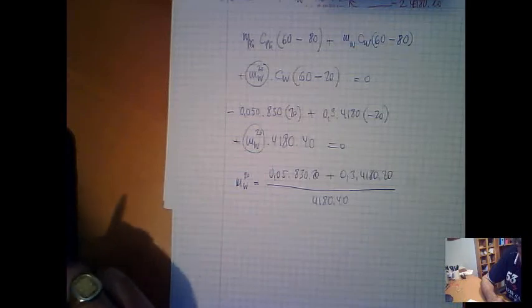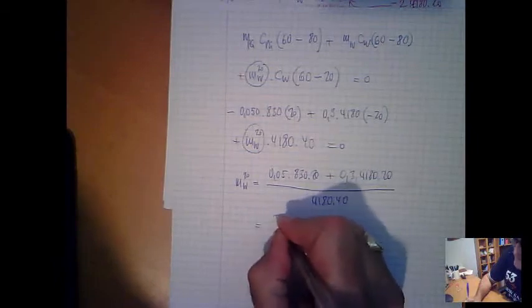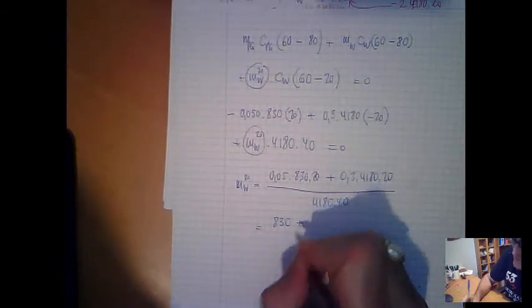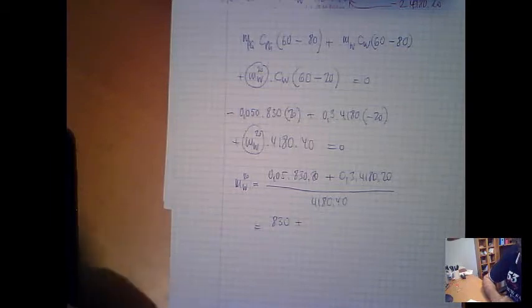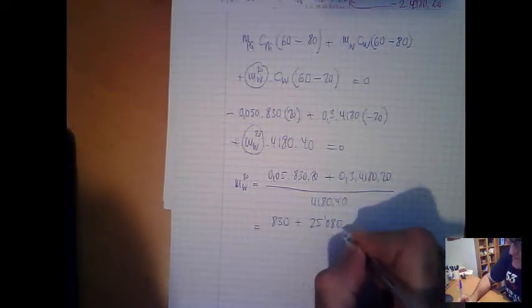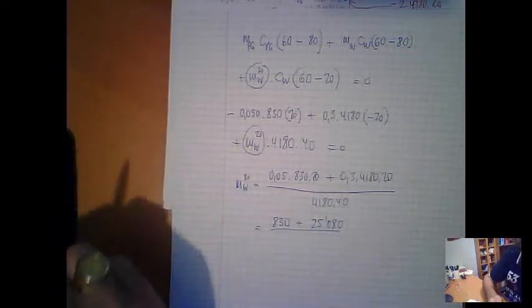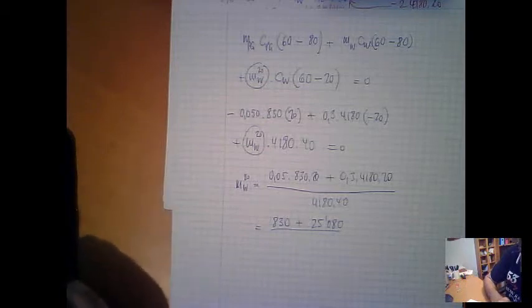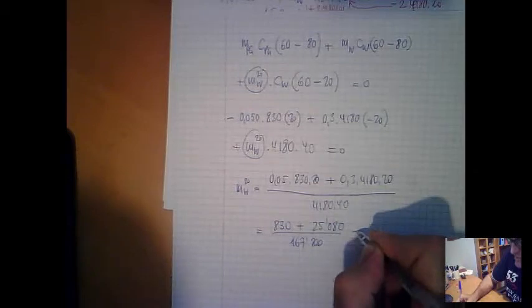0.05 times 830 times 20. This is 830, that's quite amusing, plus 0.3 times 4,180 times 20. This is 25,080. And this is now divided by 4,180 times 40, which is 167,200.